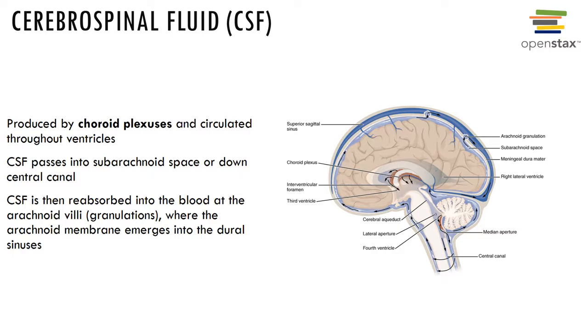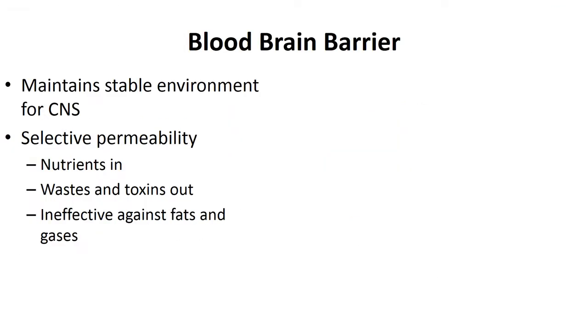CSF is reabsorbed into the blood, where the arachnoid membrane emerges into the dural sinuses. The blood-brain barrier of the brain helps maintain a stable environment for the central nervous system and has a distinct composition different from blood plasma.